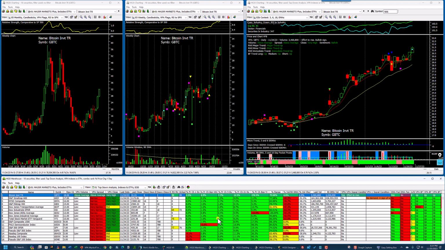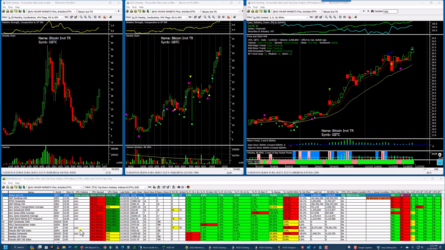Now, the reason I'm using this warehouse view and these 3 charts is I want to show you the trigger points using HGSI and VPA, and the way I've got my layout here. Now, not all of these indexes have volume.